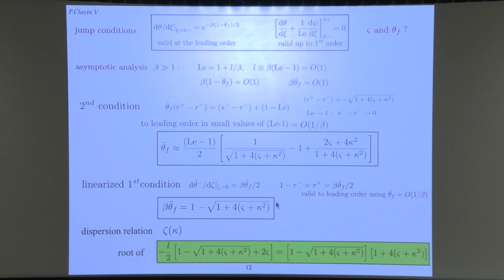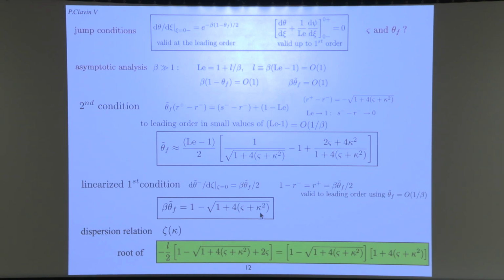You linearize that, you obtain this, and see if you put this equation obtained from the first, and this obtained for the second, put it together, you find, defining the number small l like Lewis minus 1 times beta, you find this, what we call a dispersion relation, giving you the reduced growth rate in terms of the reduced wave number, okay?